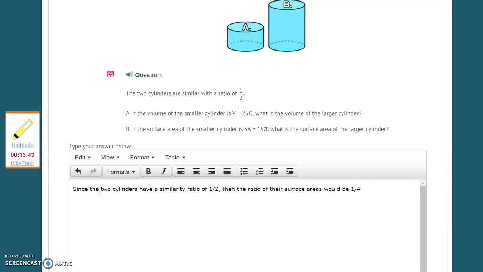Now, I was going to say this even if they didn't ask me about surface areas, but notice that they do here. And that's the similarity ratio squared. And the ratio of their volumes will be 1 to 8, which is the similarity ratio cubed.